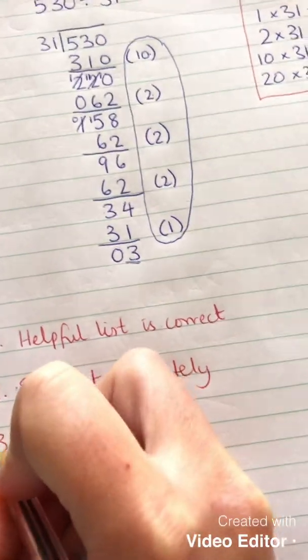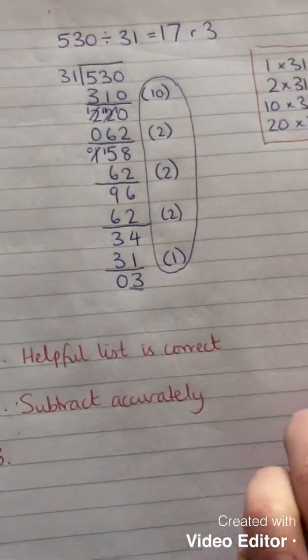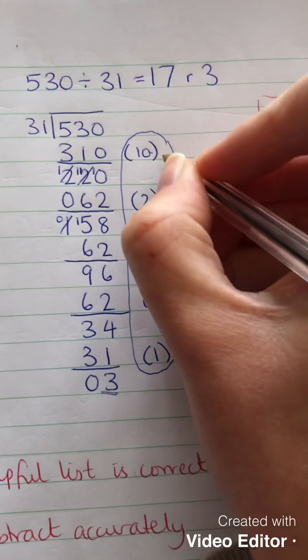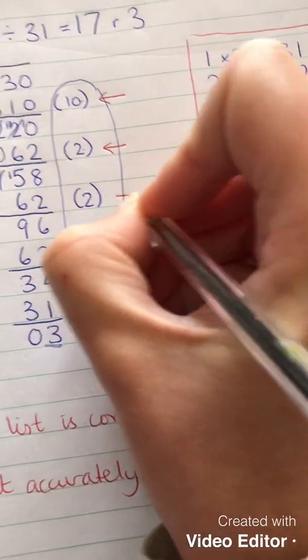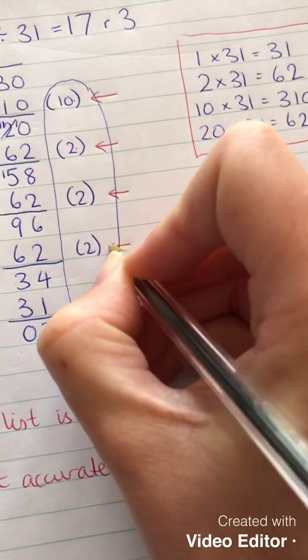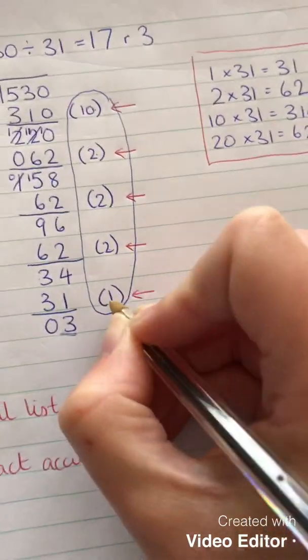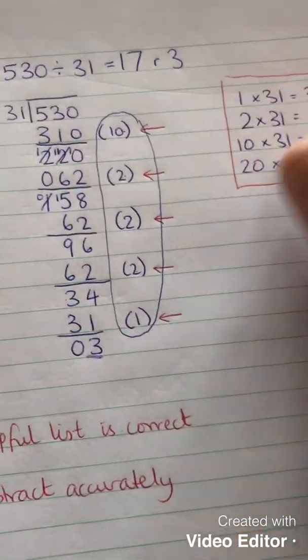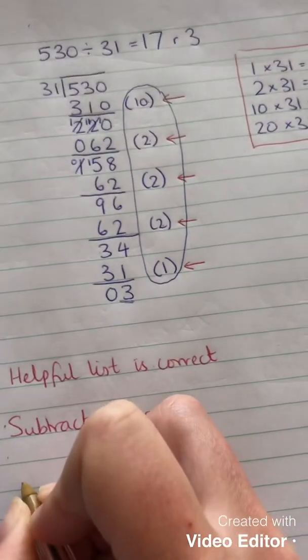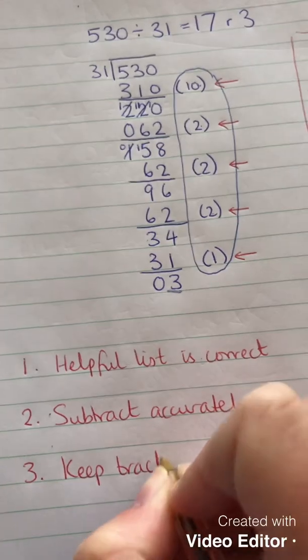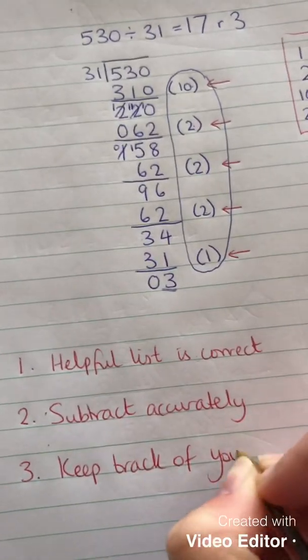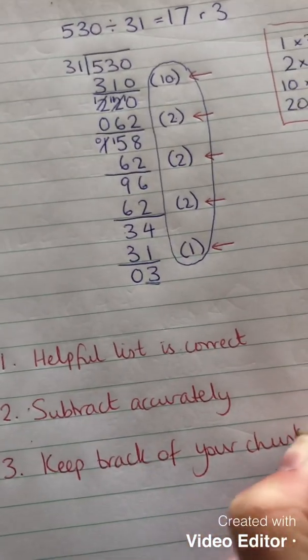And your final important point is to make sure that you record your chunks accurately. So remember to write these numbers down at the side and make sure that you're writing the right number. Make sure you're writing your chunks correctly. So keep track of your chunks.